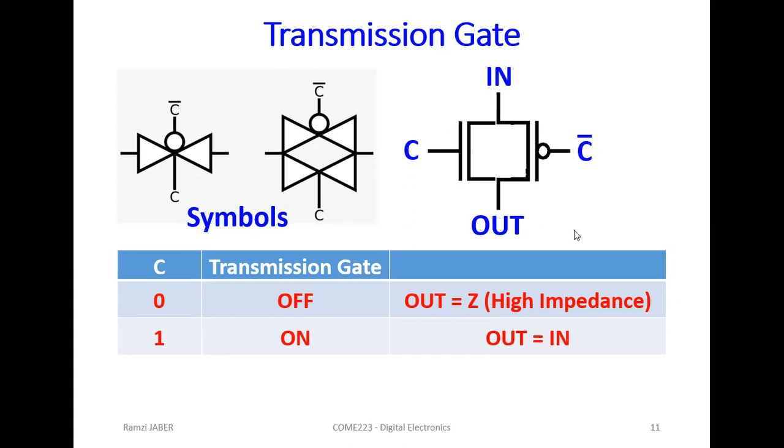So the output wire is in the air, not connected to any VDD or ground. We call it high impedance and abbreviate it by Z. High impedance, high resistivity.